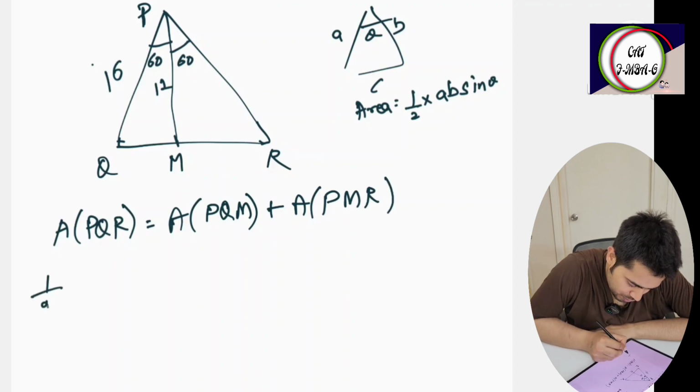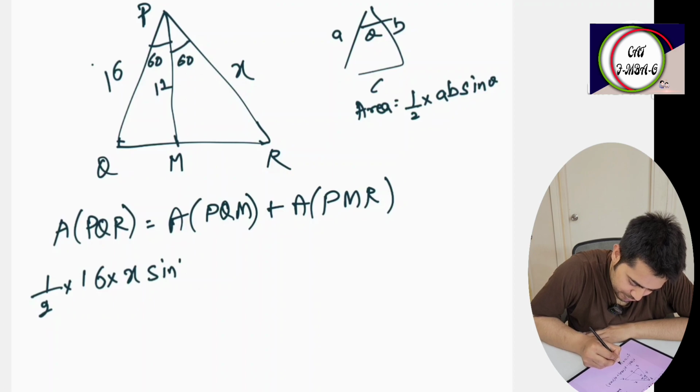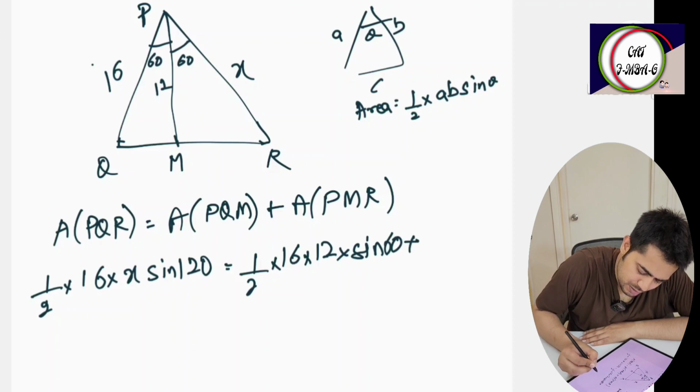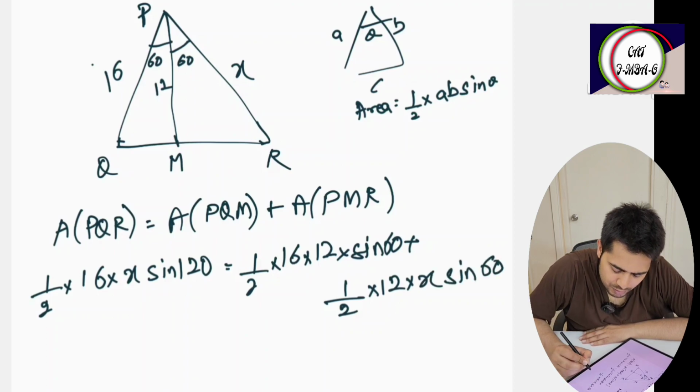Area of PQR is equal to half into 16 into, let PR be x, into sine 120 is equal to area of PQM, half into 16 into 12 into sine 60, plus half into 12 into x into sine 60.